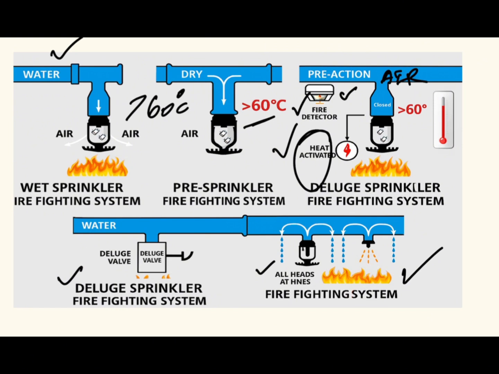It opens all the valves at the same time. Here, only a fire detector is needed. No sprinkler head activation is needed. All heads open, yes, at the same time.